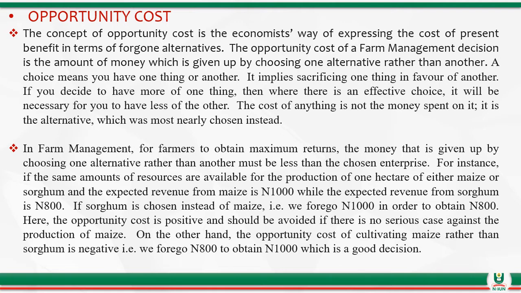Here the opportunity cost is positive and should be avoided if there is no serious case against the production of maize. On the other hand, the opportunity cost of cultivating maize rather than sorghum is negative. That is, we forego 800 naira to obtain 1,000, which is a good decision.